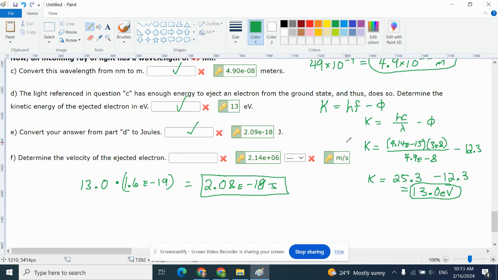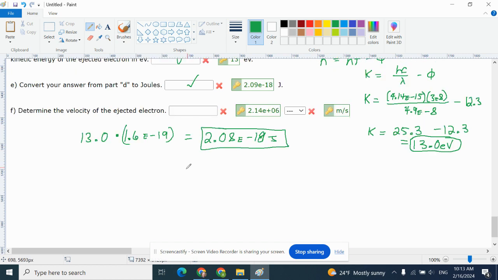And finally, determine the velocity of our electron. So our energy unit tells us K is 1/2 mv squared. So 2.08 E negative 18 is 1/2 times 9.11 E negative 31. This is the mass of an electron that is on your green sheet.